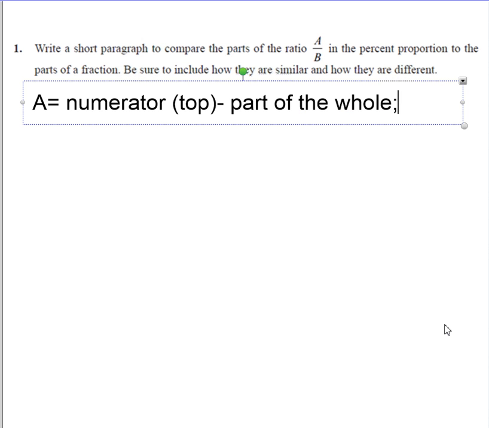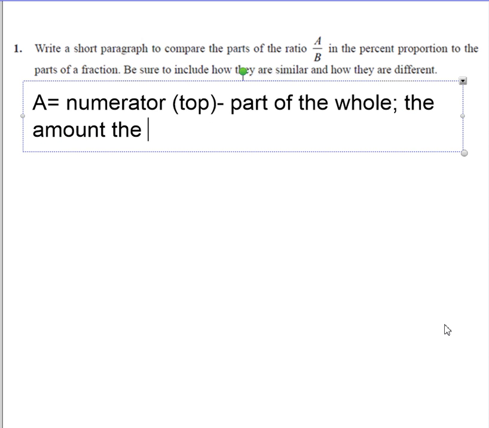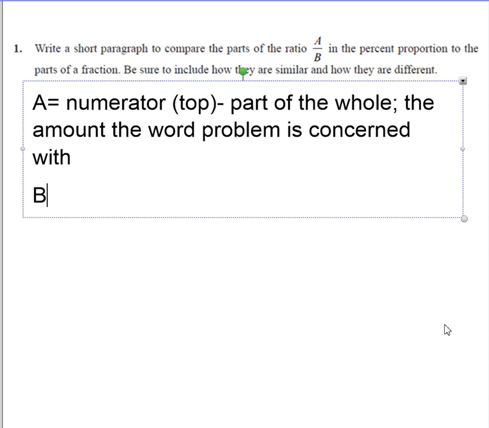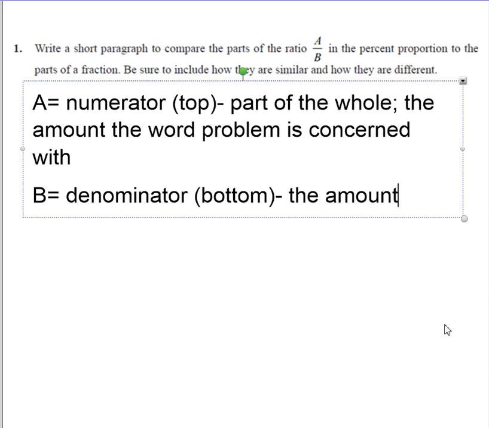So it is the amount the word problem is concerned with. And then the letter B, or the base, is the denominator of the fraction. And so it is the amount that makes up that whole.